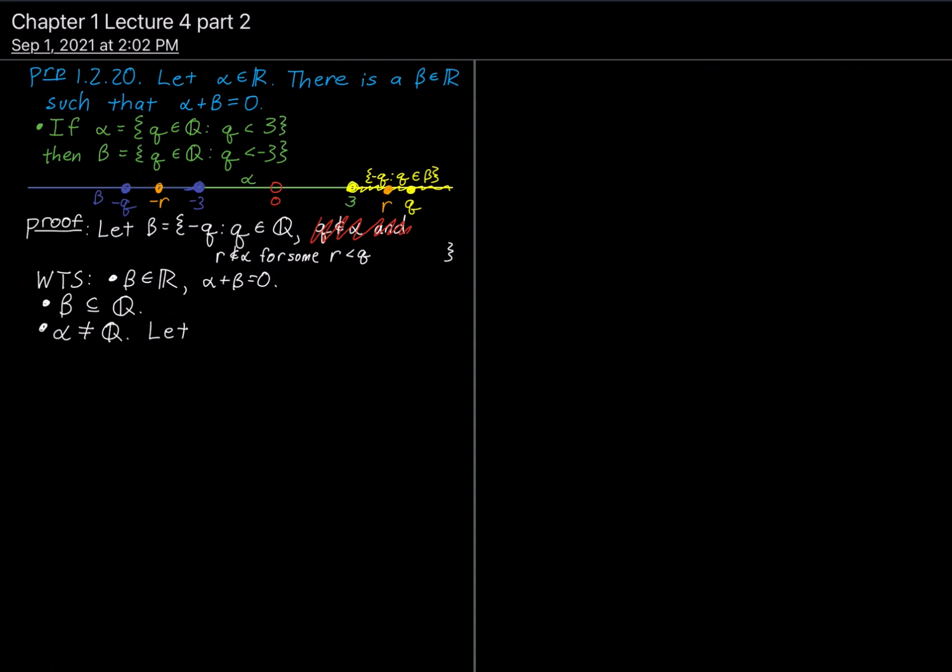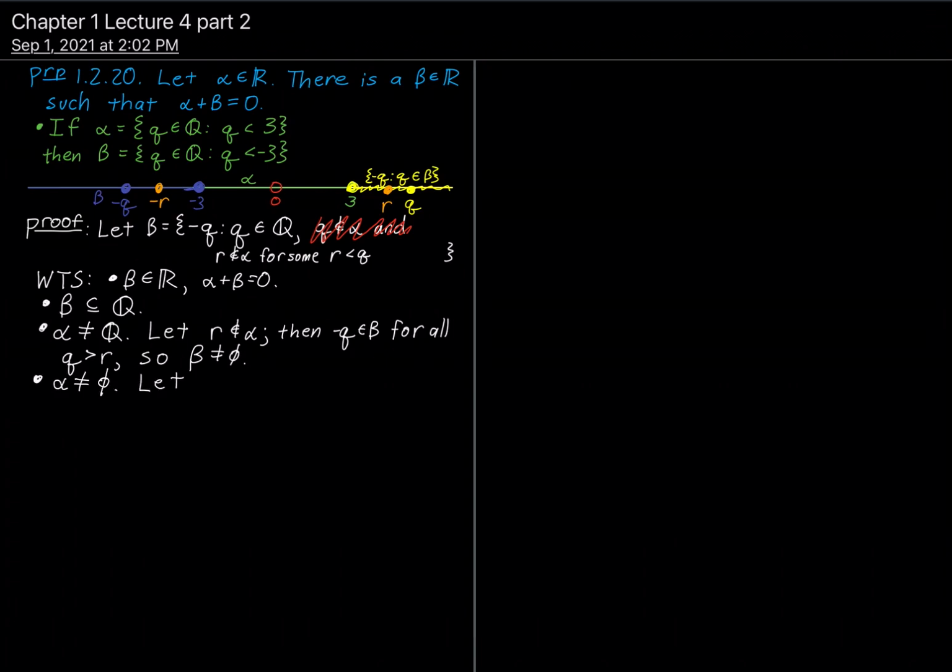Let R not in alpha, then negative Q is in beta for all Q bigger than R, and rational numbers you can always get a bigger one. So beta is not equal to the empty set. Similarly, alpha is not equal to the empty set.